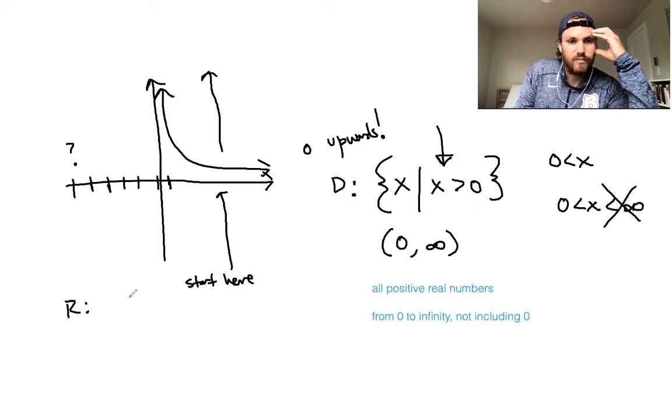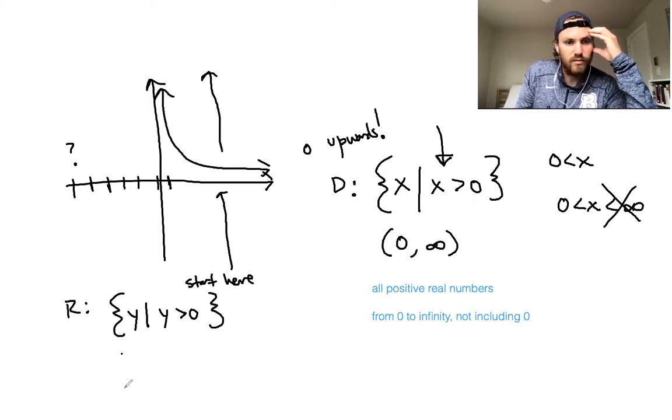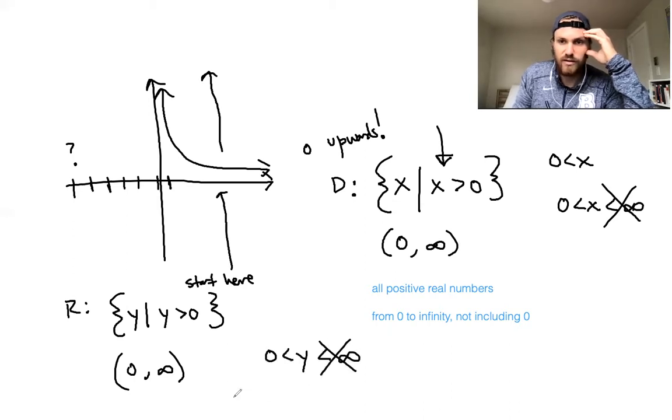So again, I can write y such that y is greater than 0, because it's everything greater than 0. Or I can write 0 to infinity, not including either endpoint. But something I can't write is 0 is less than y is less than infinity, because this is redundant. I do not write less than infinity.